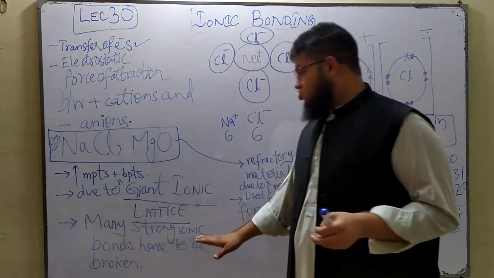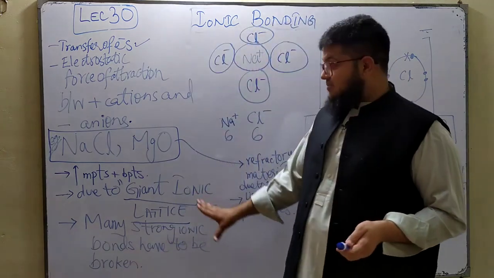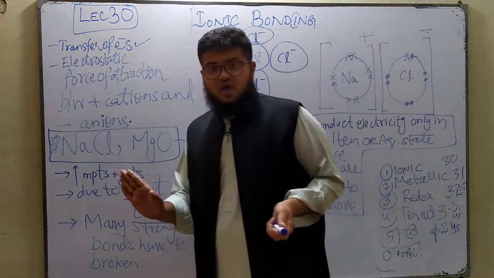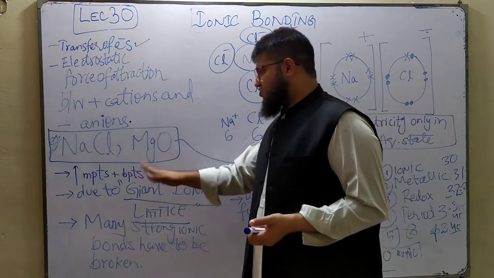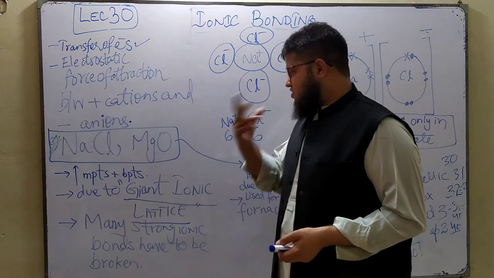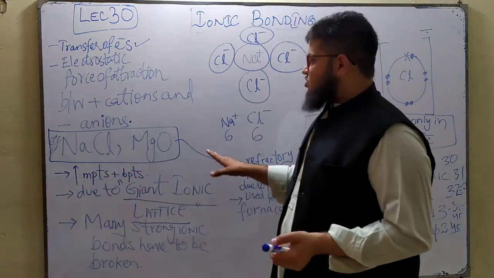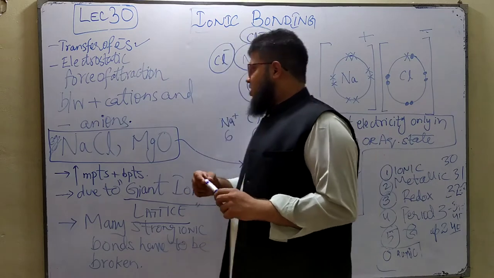So many strong ionic bonds are there. These ionic bonds have to be broken in order to melt or boil them. Boiling is generally not included in the syllabus because it would require a lot of temperature, but it's the melting that the examiner would generally ask you. Both of them have high melting and boiling points.